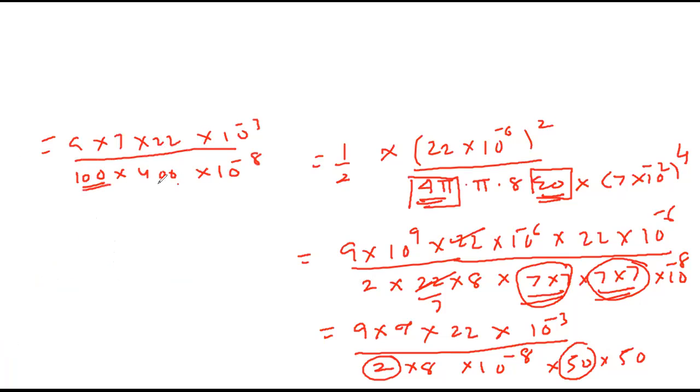So 2 and 2 is 4. So 9 into 7 is 63, into 22, into minus 3, 4 into 10 raised to minus 4.